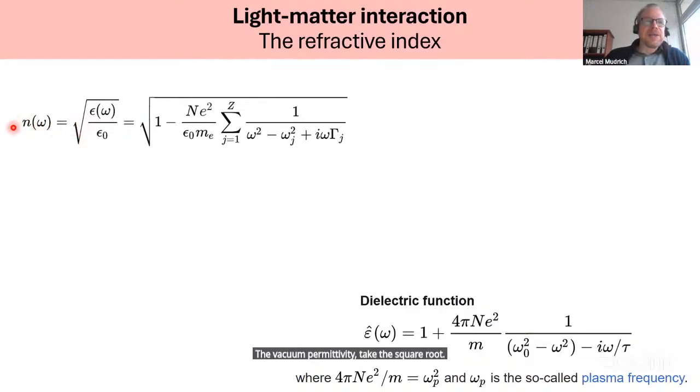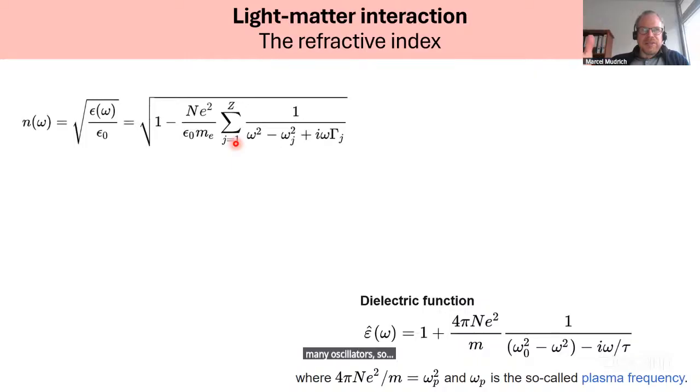So if we remember this Lorentz oscillator resonance term, we get this expression: square root of 1 minus, and here is a sum now, because to make it a bit more realistic we assume that there's not only a single oscillator, but possibly many oscillators.